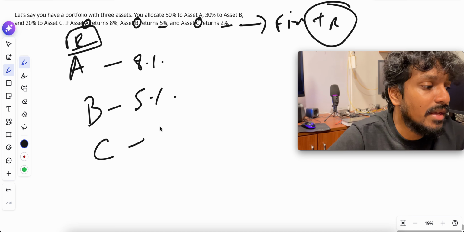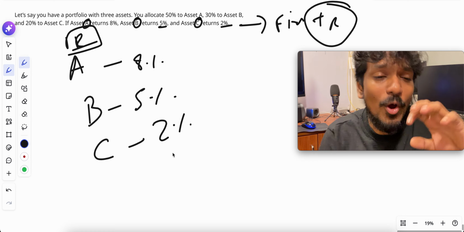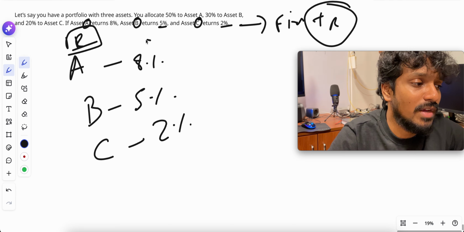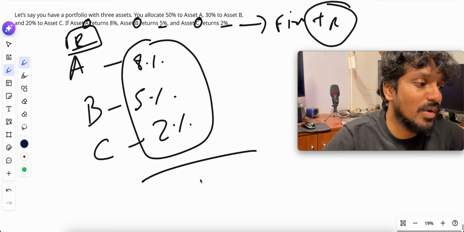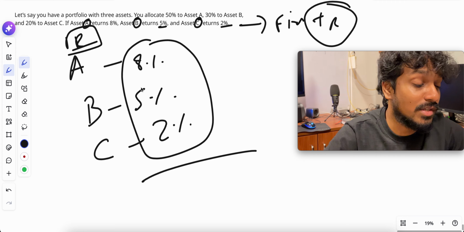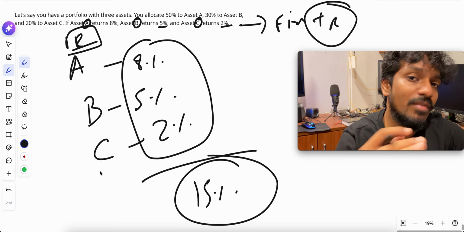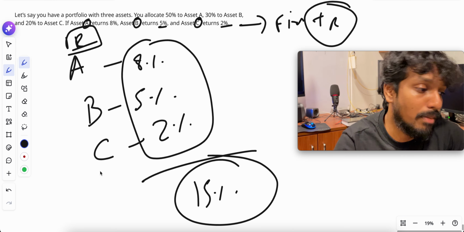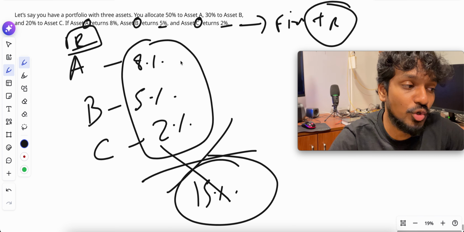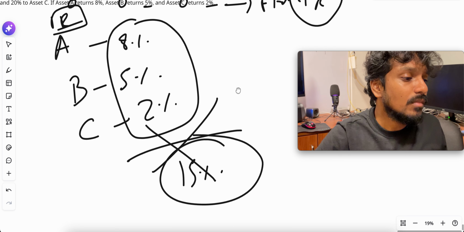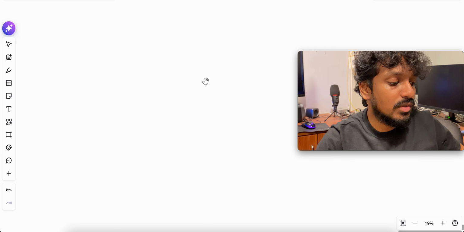In asset C, we got 2%. A lot of people would be thinking, okay, we are just going to add everything, 8 plus 5 is 13, and 2, it's 15. So in total 15% profit we made, like that you would be thinking. But this is totally wrong. You should not add this. You should do it in a different way, because that's the way we are going to follow now.